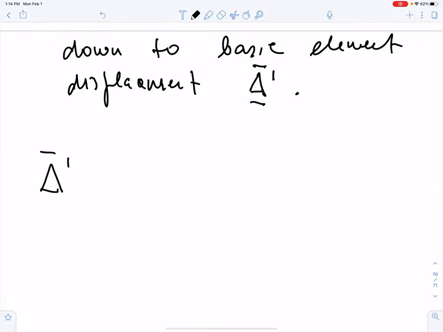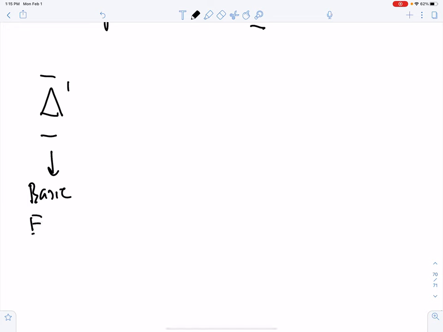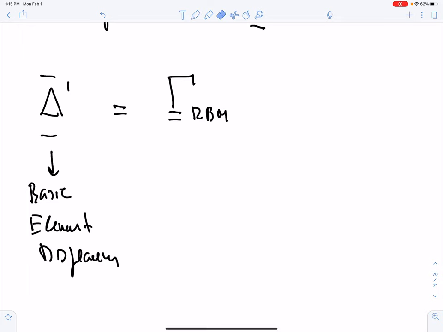Delta prime overbar underbar, basic element displacement, equals gamma RBM times delta prime.